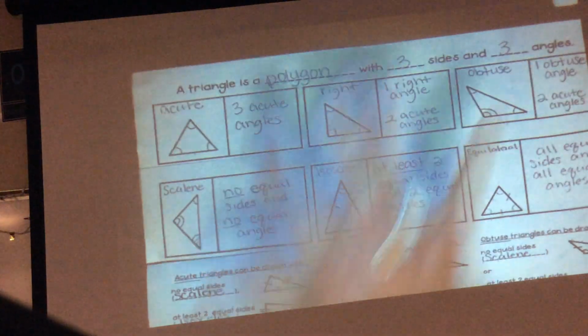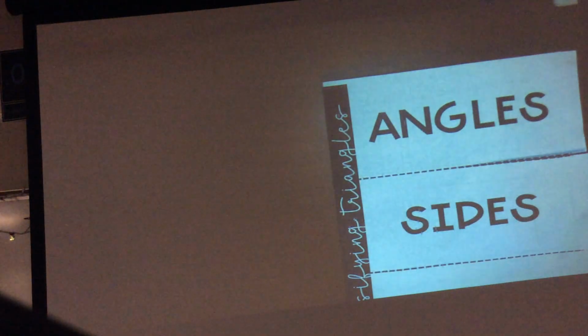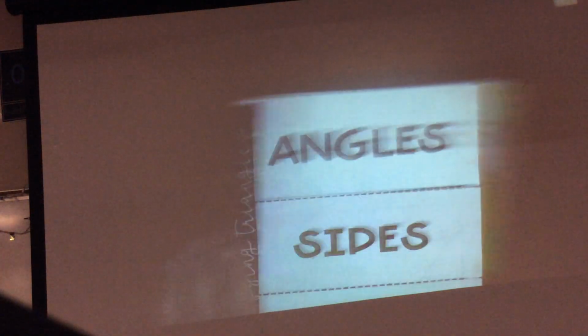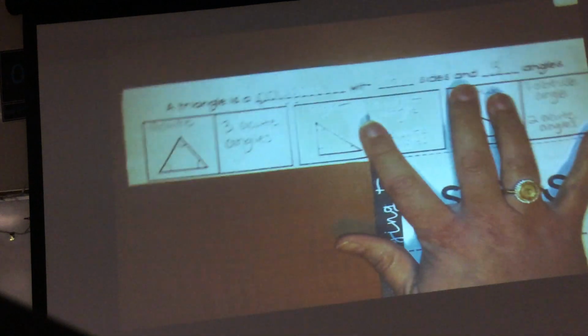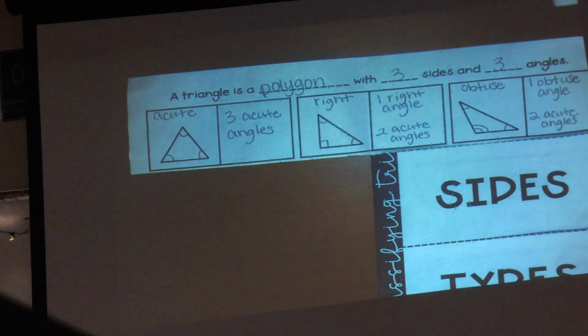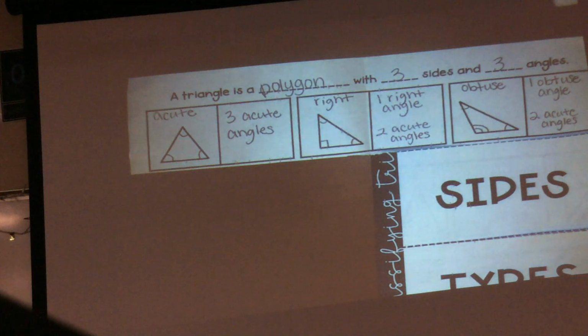So, I have mine here. Let's start with angles. I may cut all the way across on this so it opens up nice and neat. Okay, angles. 3 types of angles: acute, right, and obtuse.